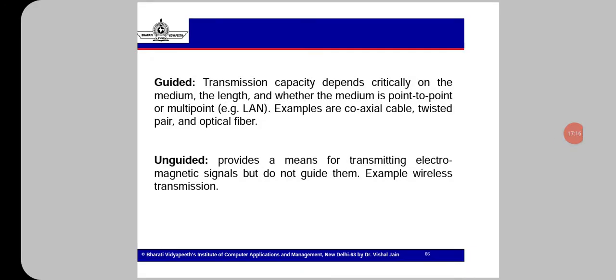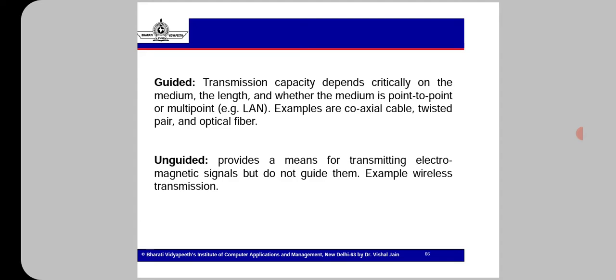Unguided media or transmission. What does unguided media mean? It provides a means for transmitting electromagnetic signals but does not guide them. Examples: wireless transmissions or Wi-Fi or radio waves all come under unguided media.